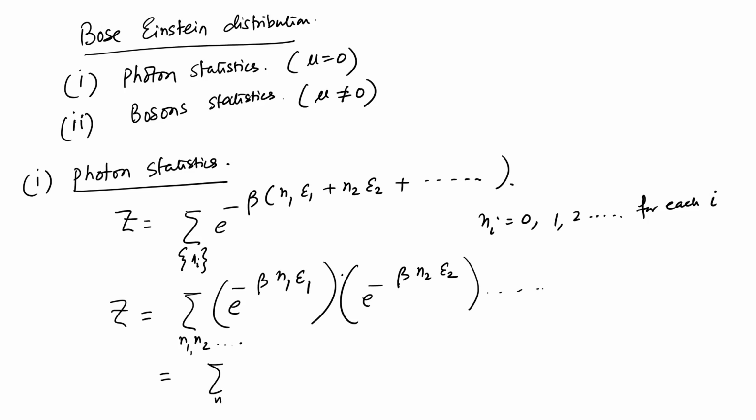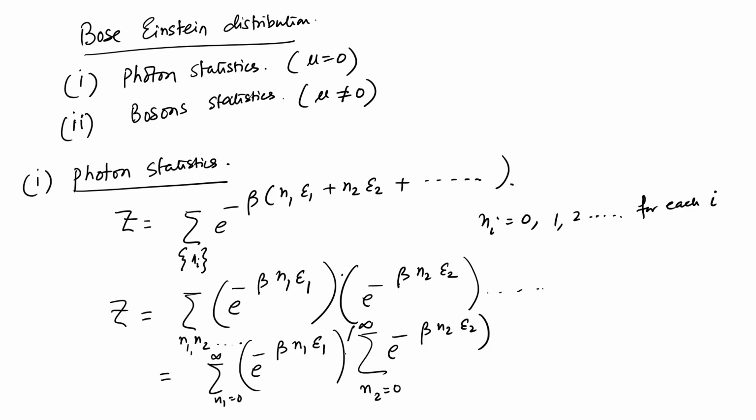So, all these sums, I can write down as n1 equal to 0 to infinity exponential minus beta n1 epsilon 1. Then I open another one, this is n2 equal to 0 to infinity exponential minus beta n2 epsilon 2, and all these brackets will simply be continued, and you have the product of the brackets, and if you can find out the product, then that is what you need.